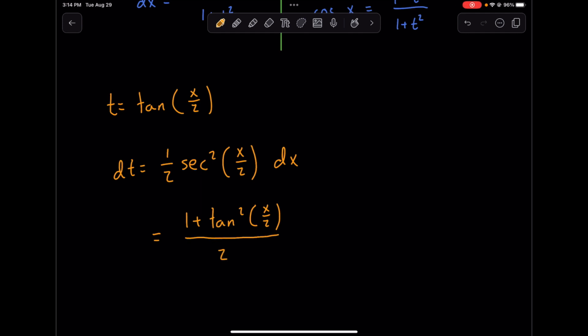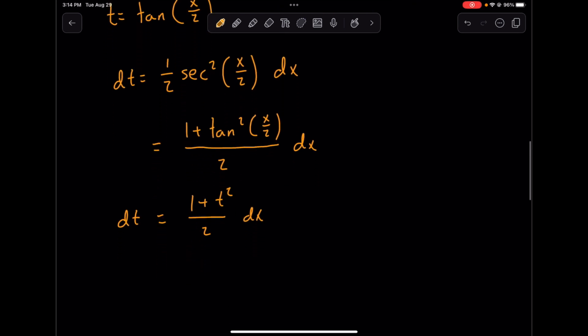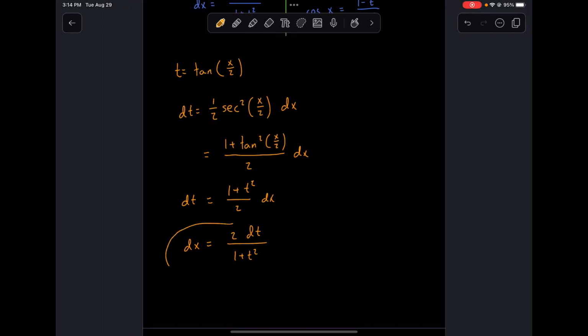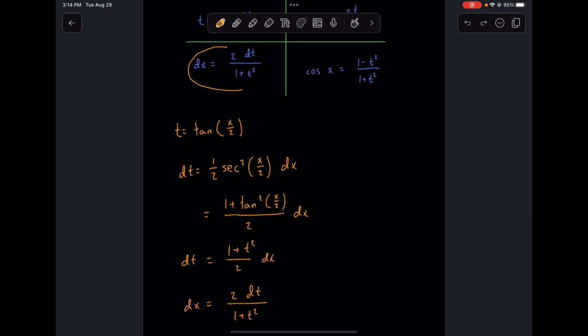And since tangent of x over 2 is t, we can rewrite this as 1 plus t squared over 2 dx is equal to dt. So now we're going to solve this in terms of dx. That means that for dx, we multiply 2 to the other side, 2 dt, and then divide by 1 plus t squared. And that is how you come up with dx.